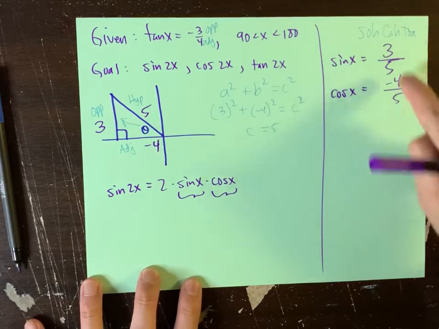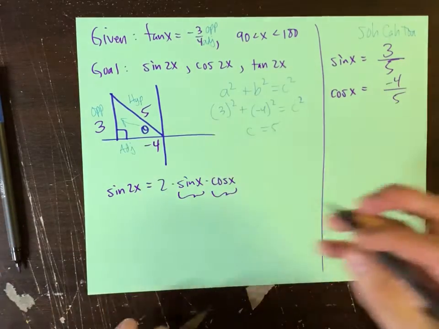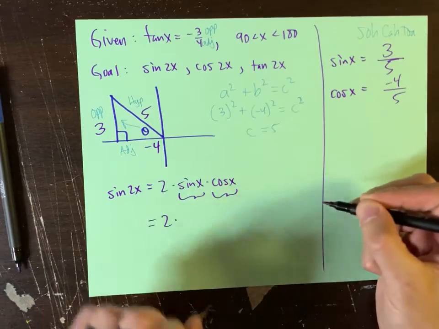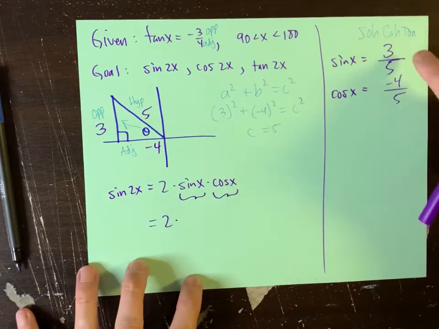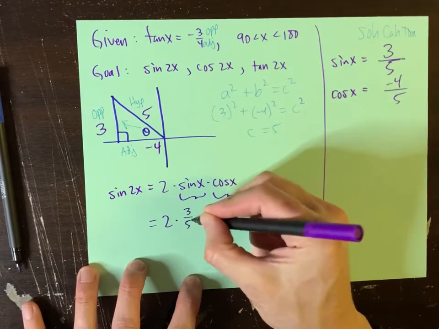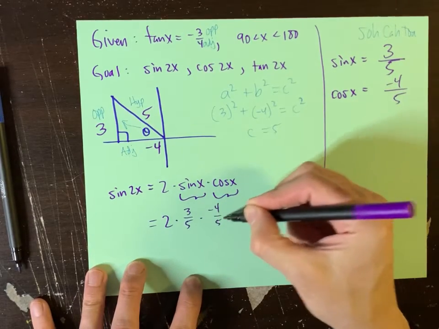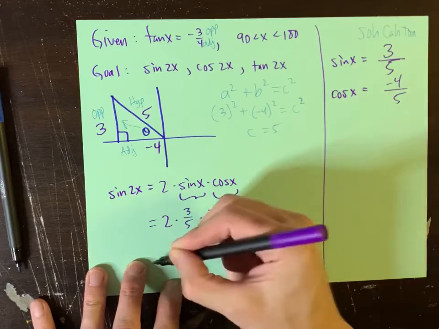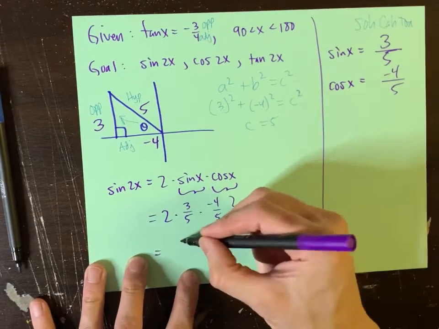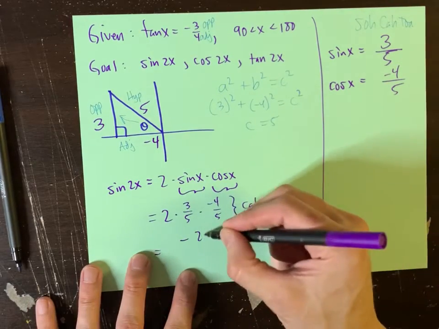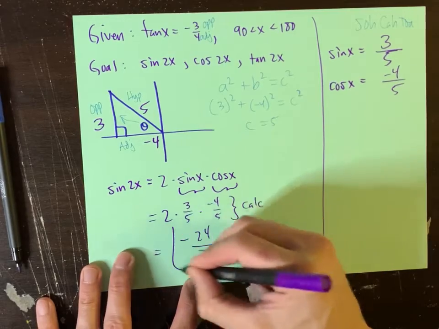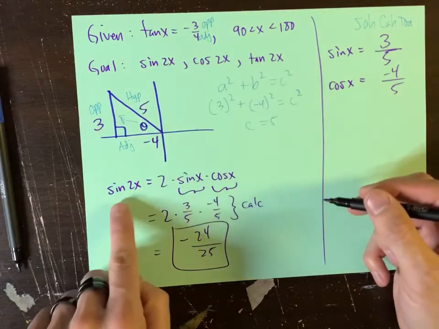So grab these numbers and drop them in here and we're done. For instance, the 2 is just the 2. Sine gets replaced by 3/5 multiplication. Cosine gets replaced by negative 4/5. Type all this into your calculator. It'll say negative 24 over 25. Final answer for sine of 2x.